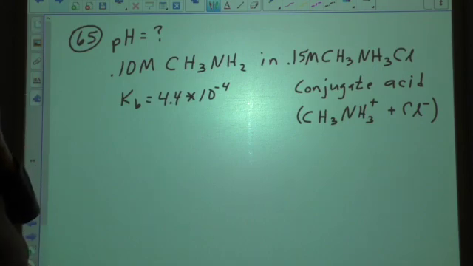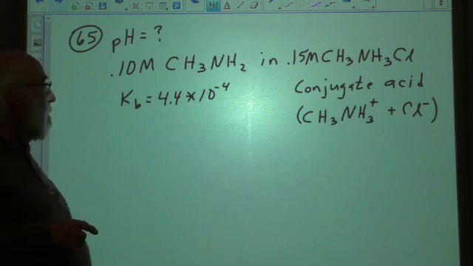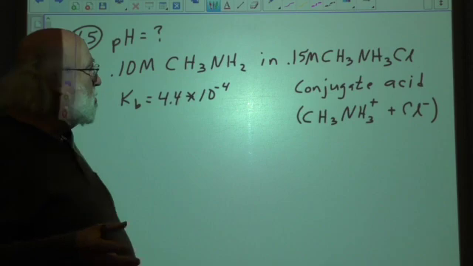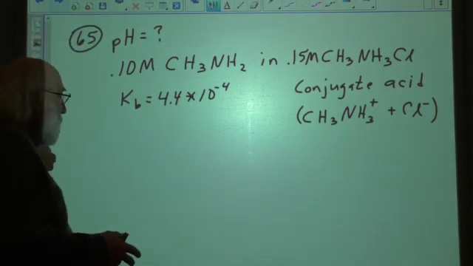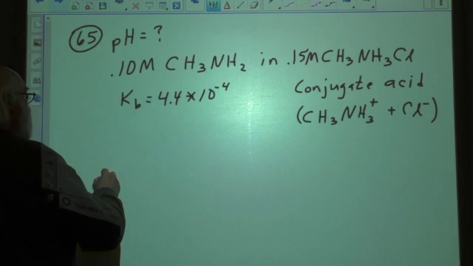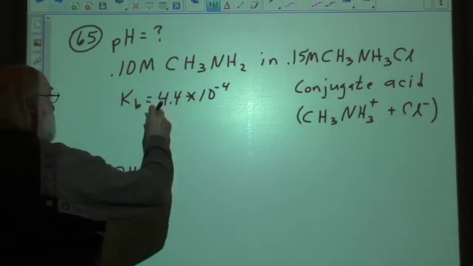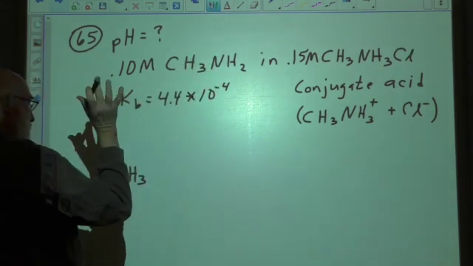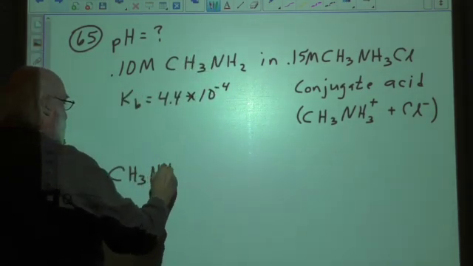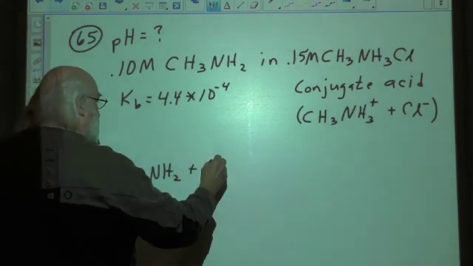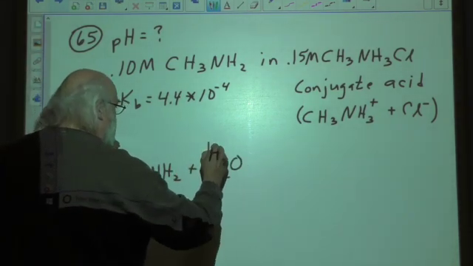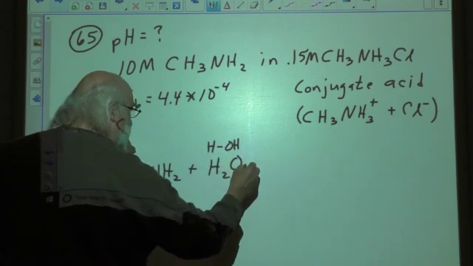Okay, for this one right here. Now, this one doesn't jump out at you and say, wow, we got something in common here. But I think if you write the aqueous solutions, they're both aqueous solutions. We'll start off with methylamine, which is a base now instead of an acid, CH3NH2 plus H2O, which we think of again as HOH.